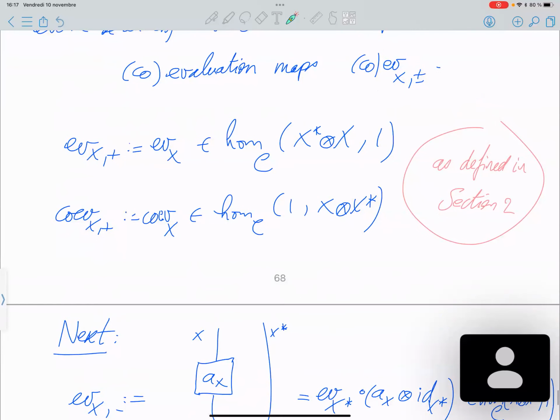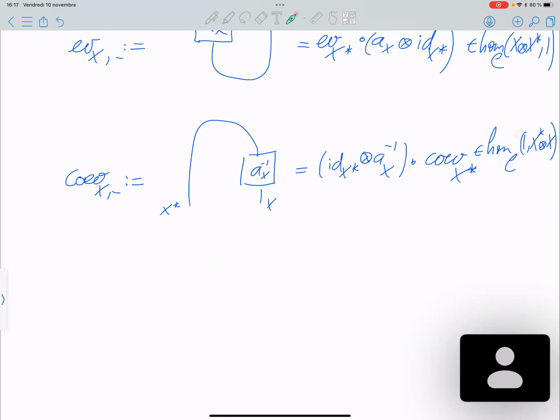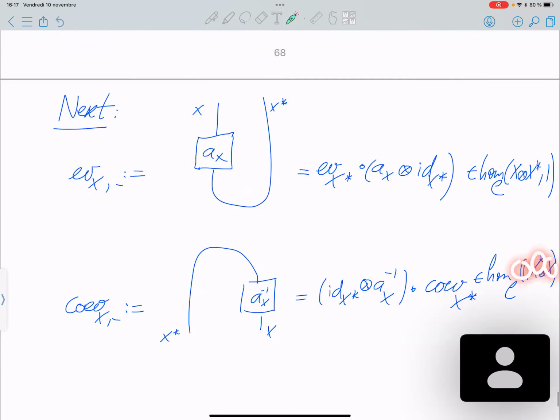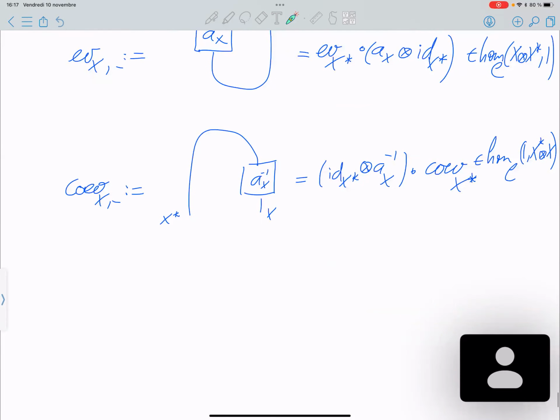Similarly, the usual co-evaluation map is from 1 to X tensor X star, and for the minus version, it's from 1 to X star tensor X. So you just move the star to get the right hom space for the minus version of this map.